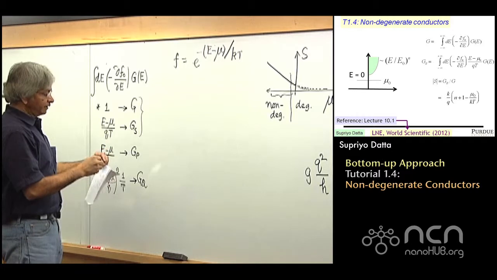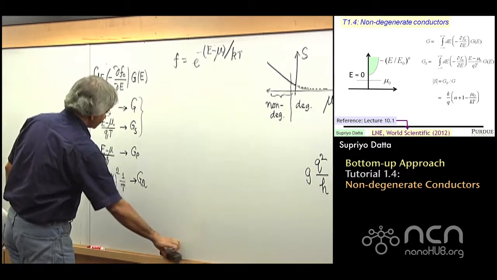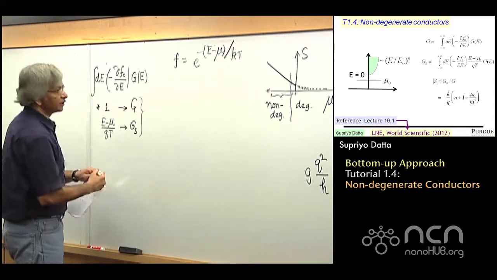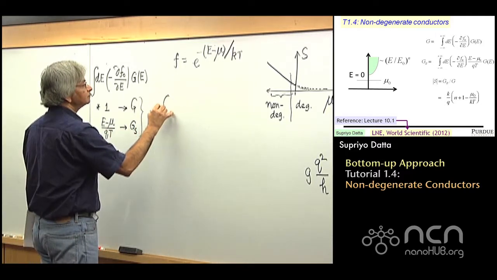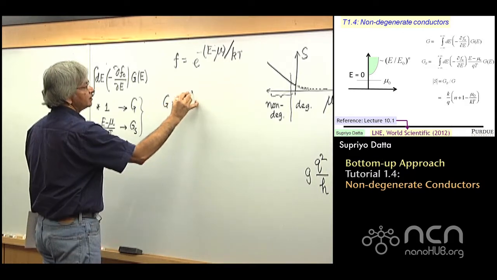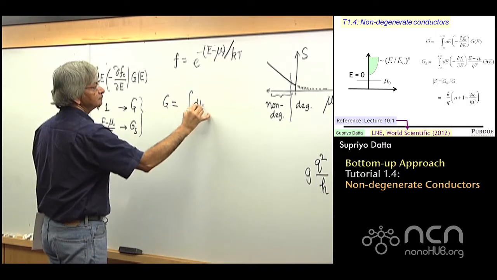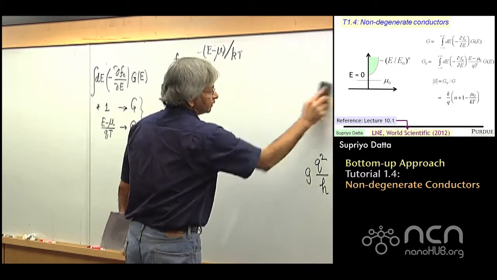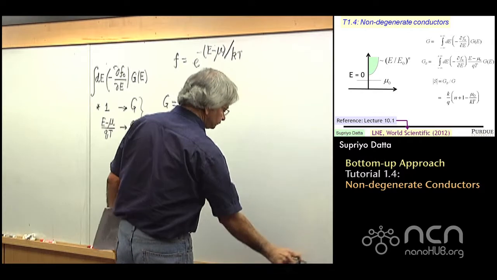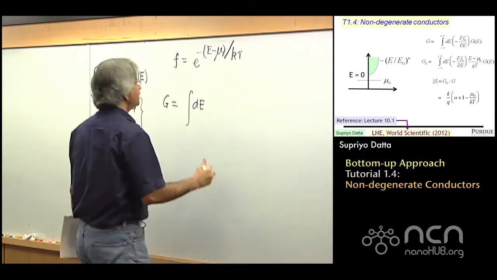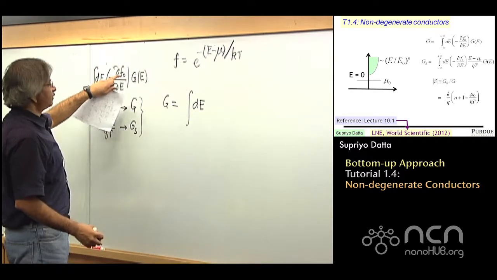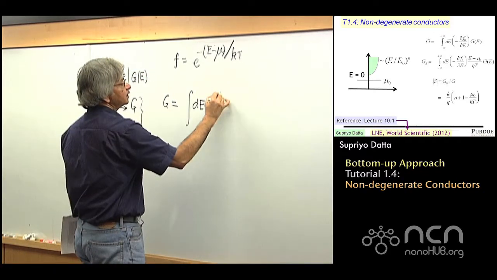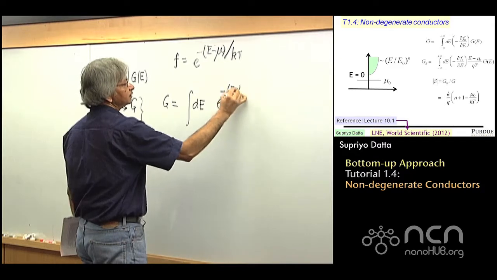So here we're just talking about G and GS. Let's try to get the conductance first. So it is the integral dE, let me take this off, times the derivative of the Fermi function with respect to energy, which is exponential of minus (E minus mu) over kT.